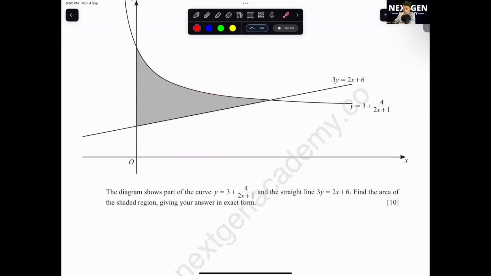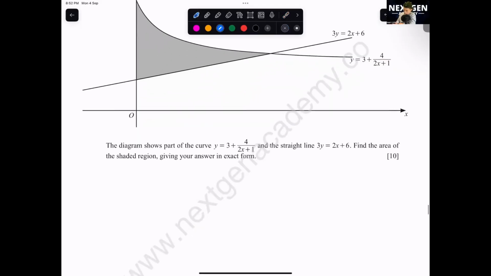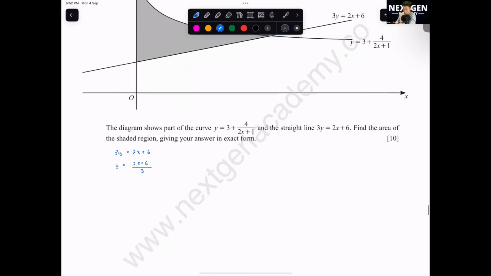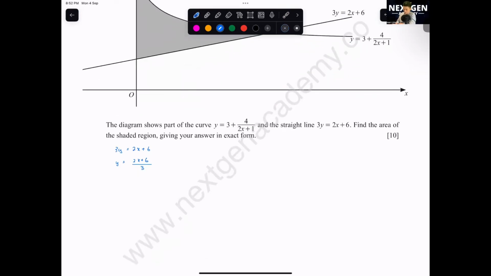So what do I need? I need this point and this point. Can I find this point first? Let's find the point of intersection between the curve and the straight line. I'm going to change the equation of the straight line: 3y equals 2x plus 6, so y equals 2x plus 6 over 3. This is my equation 1.